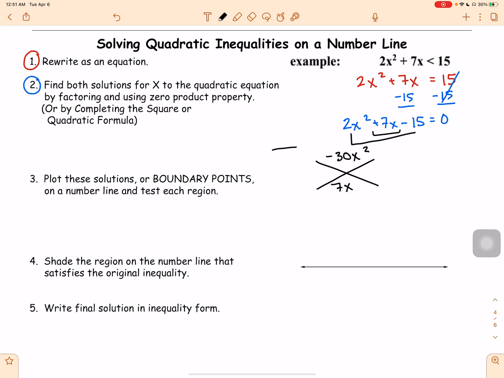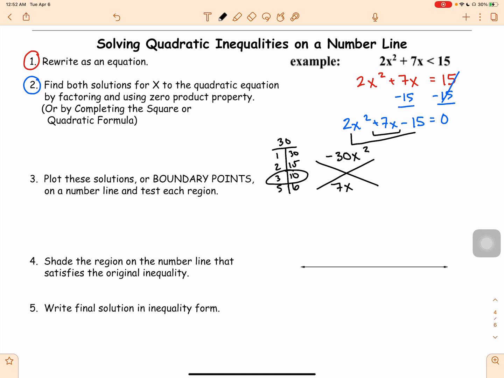So I'm trying to find factors that multiply to, actually multiply to -30, right? So keep that in mind, and add to 7. 1 times 30, 2 times 15, 3 times 10, 5 times 6. And looks like 3 and 10 are going to be the two factors.